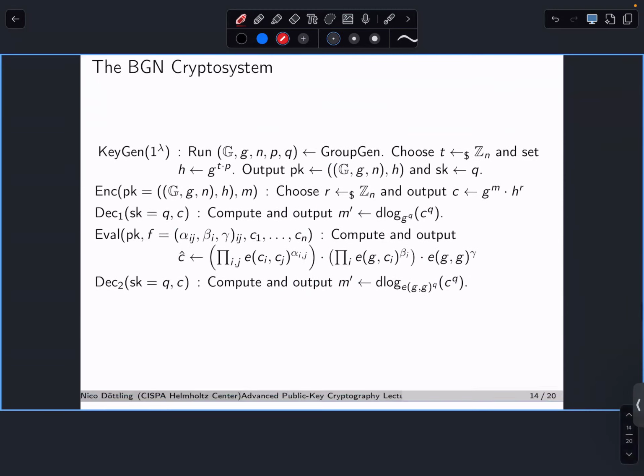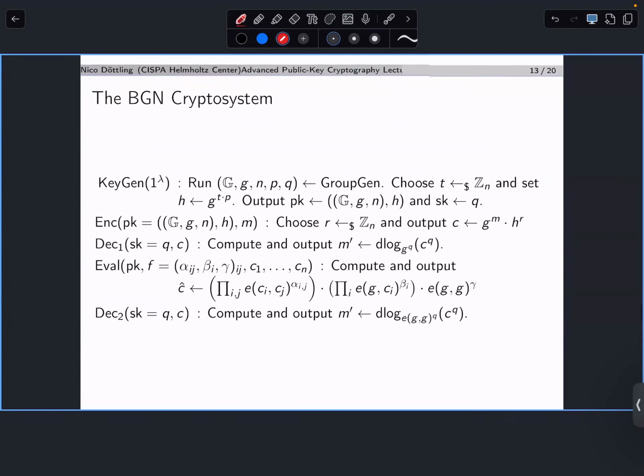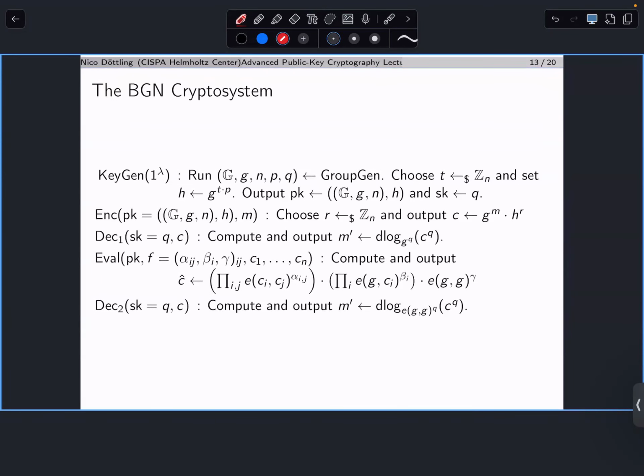All right, good. But on this slide, we're directly looking at this Boneh-Goh-Nissim crypto system. So what are we going to do? So first, we run a group generator.